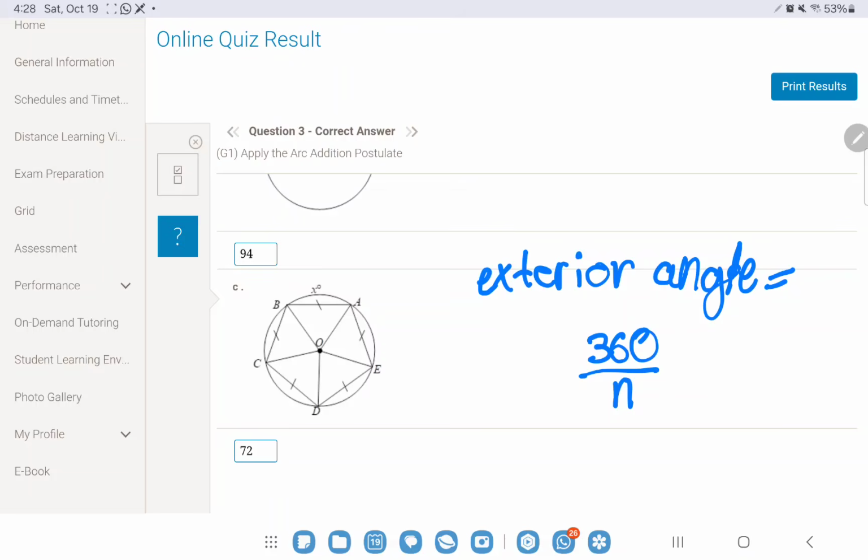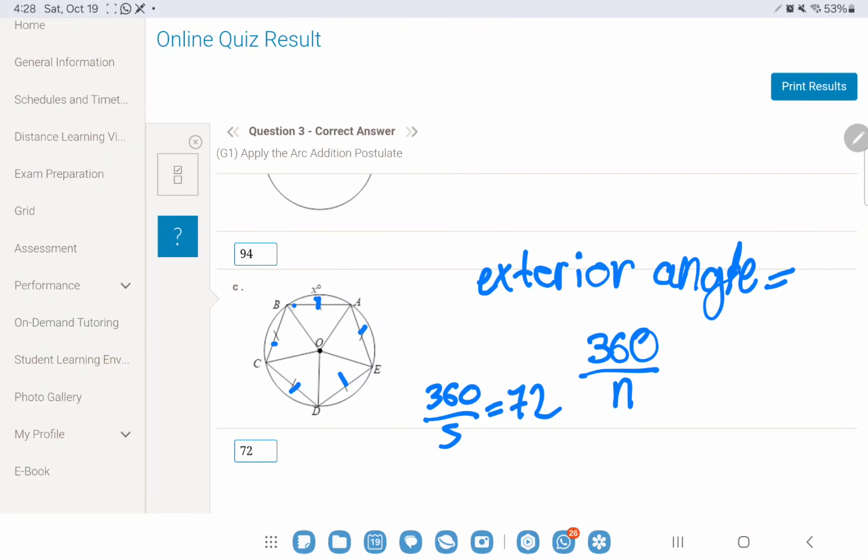We're going to call it n. So this is a pentagon, so it has 1, 2, 3, 4, 5 sides. So 360 divided by 5 is going to give you 72. So we know each exterior angle is 72.